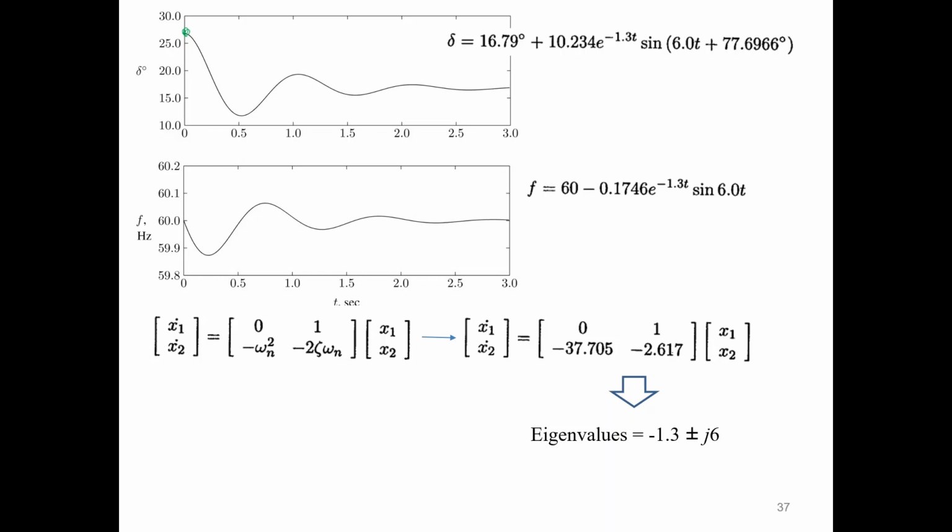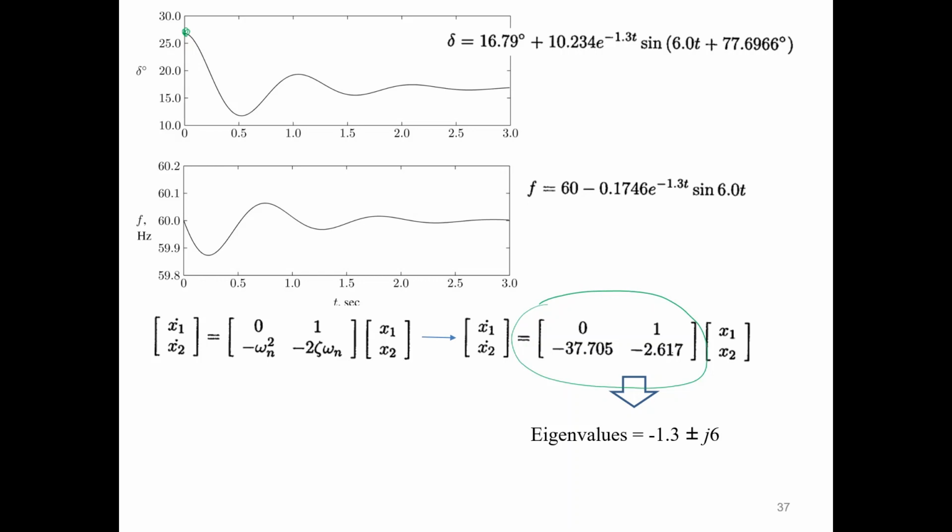You can see that once it reached the equilibrium point, the frequency returns back to the normal operating condition. Because if you see from the eigenvalue of this matrix itself, the eigenvalues are complex in the open left half plane, because the real part of the eigenvalues are on the left half plane.